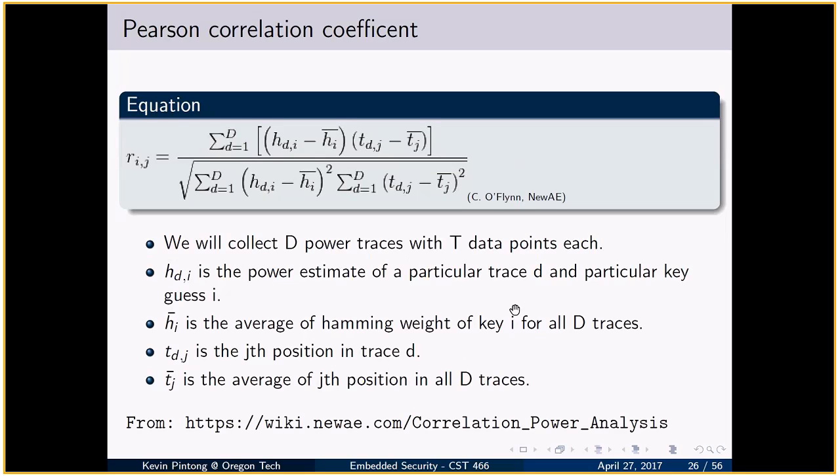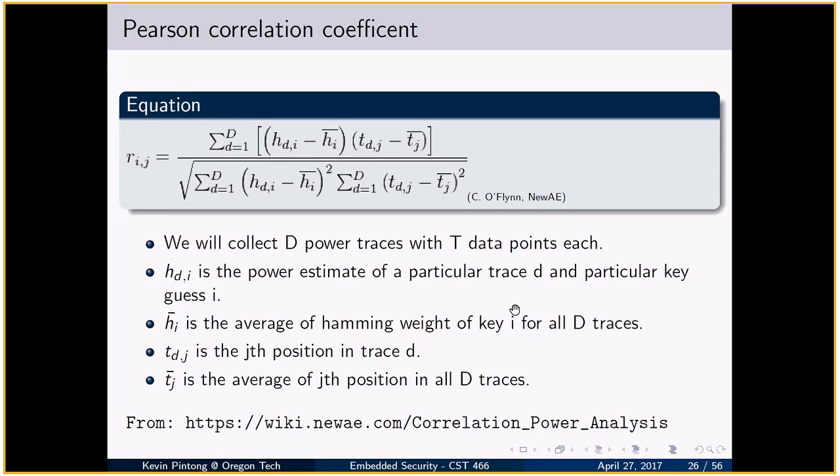Here was the equation. Should we go over this again, or are we good? We went over this on Wednesday. So again, we collect D power traces, which means we sample the signal D times. Each trace has T data points. H sub Di is a power estimate of a particular trace D and a particular key guess I. H bar I is the average handling weight of the key guess I for all D traces.